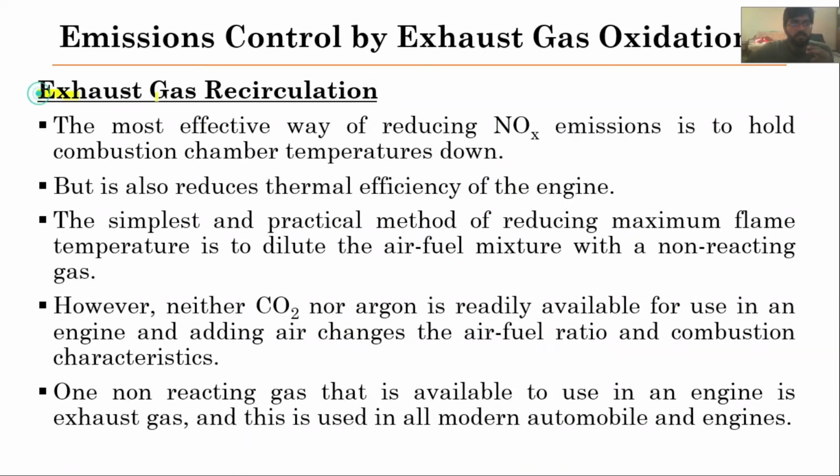Next we have the exhaust gas recirculation system, and as the name suggests, we are taking a controlled amount of the exhaust gas and recirculating it back into the combustion chamber. It is one of the most effective ways of reducing the NOx emissions. How does it reduce the NOx emission?